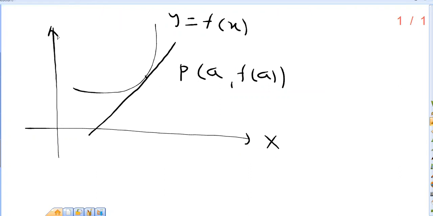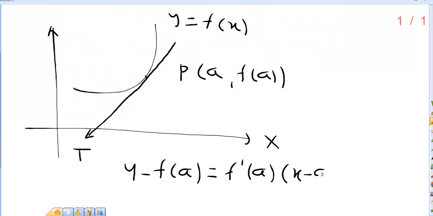Now, this tangent has slope f dash of a. We have just proved this. So what will be the equation of the line? We use the point slope form, y minus y1 equal to m, that is slope, into x minus x1. Here (x1, y1), that is the point on the tangent, is (a, f of a). So the equation is y minus f of a equal to slope f dash of a into x minus a. I hope you understood this. This is nothing but the equation of tangent.